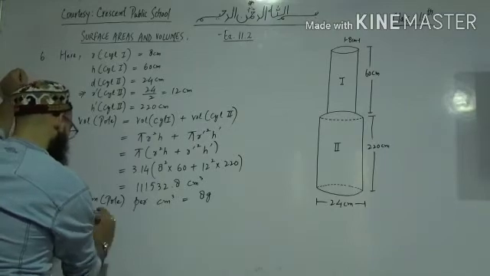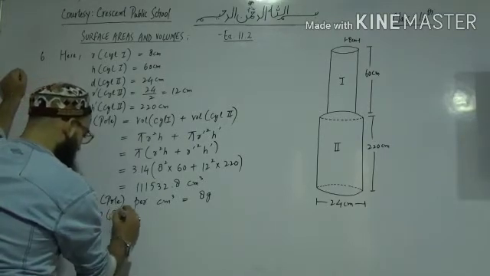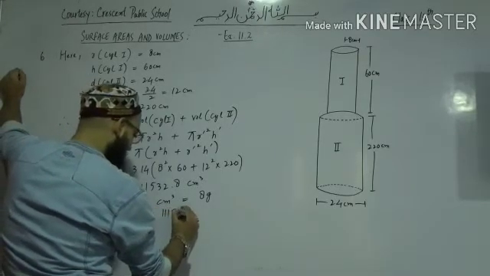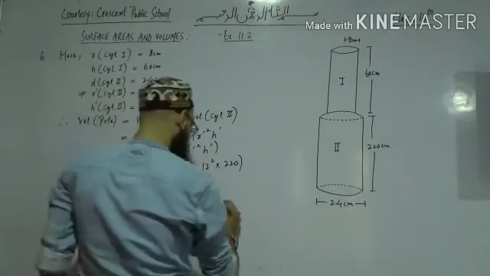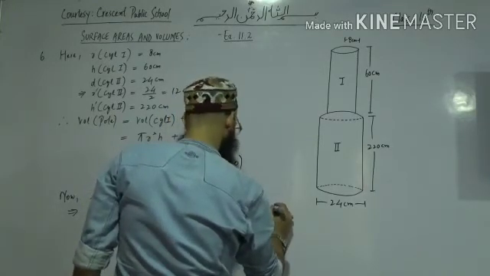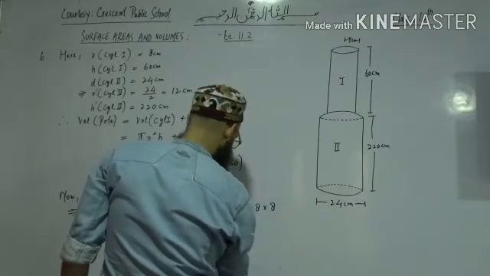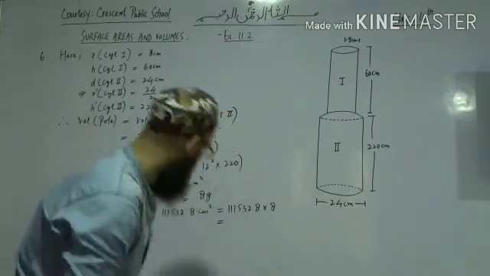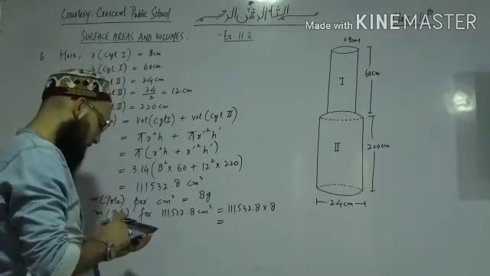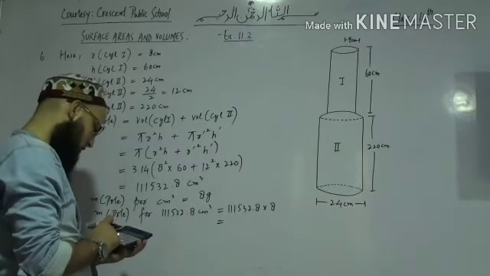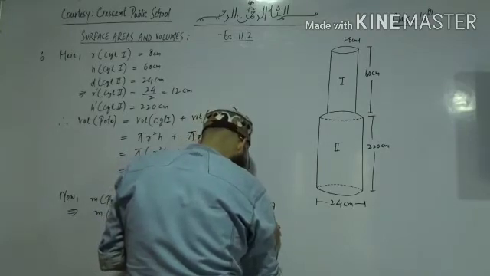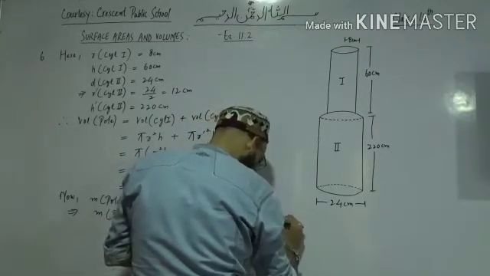Which implies that the mass of the pole for 111,532.8 cubic centimeter is equal to 111,532.8 times 8, and that is equal to how much? 111,532.8 times 8 is 89226.24 grams.